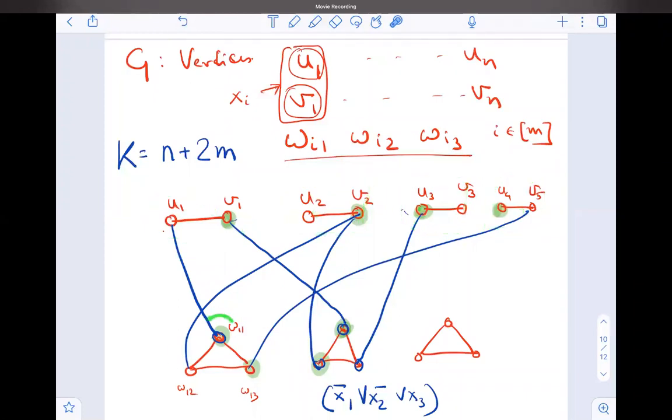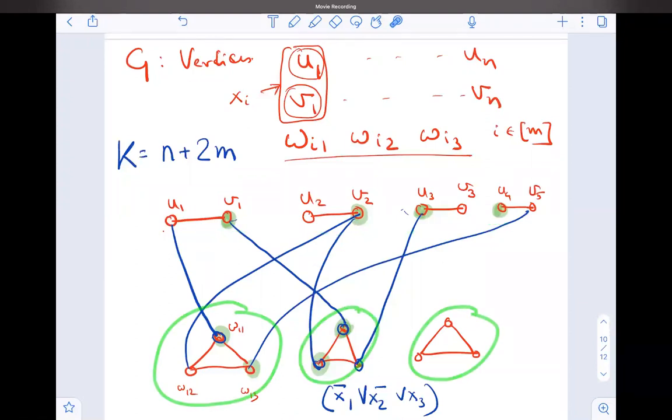Yes. And to cover this set of vertices, at least two have to be there from each of them. Right. So because it is n plus 2m, exactly one has to be there in each of the top ones, and exactly two have to be there in each of the bottom ones. Right.